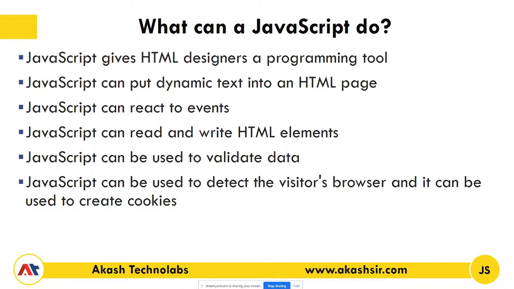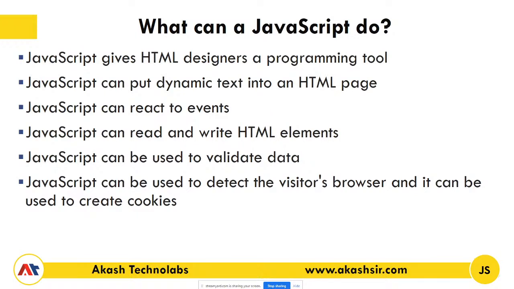Yes, nowadays we have HTML5 validations, I know very well. But if I talk about the older versions of HTML, there were no such functionalities. JavaScript can also be used to detect the visitor's browser, and it can be used to create a cookie. So with the help of JavaScript we can create a cookie.